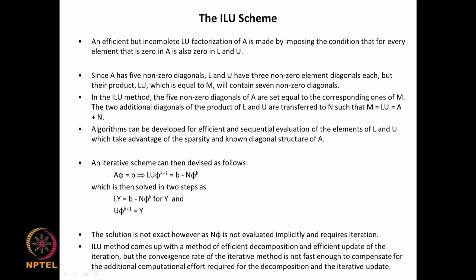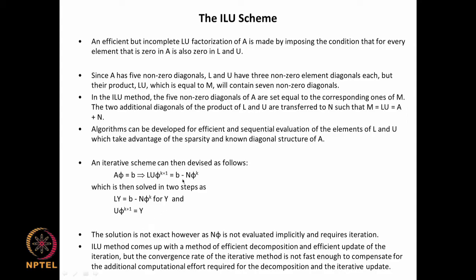Okay. So in the sense there are some good elements of ILU, which is that you have efficient decomposition approximately into L and U, okay, and then you have efficient forward and backward substitution methods for the solution.